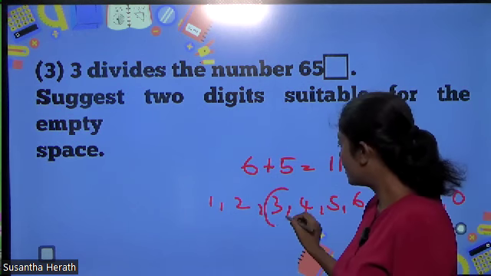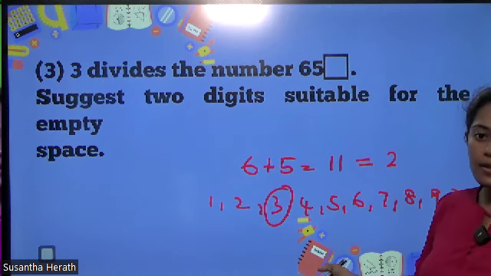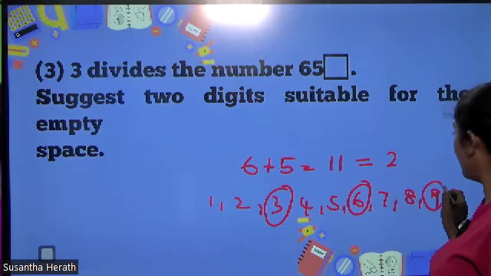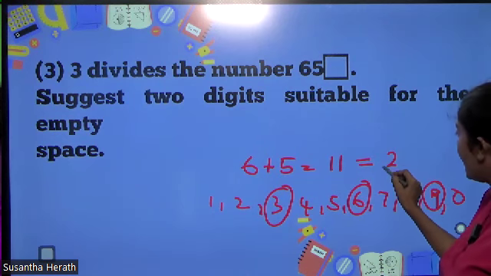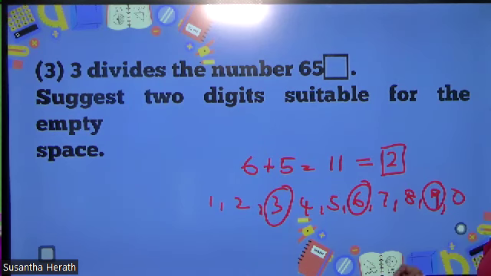Here, 3. We can divide that by 3 without remainder. Then 6 and 9. Now we have here digital root is 2. Then easily we can convert that one to 3 by adding 1. Is that okay? Yes, teacher.